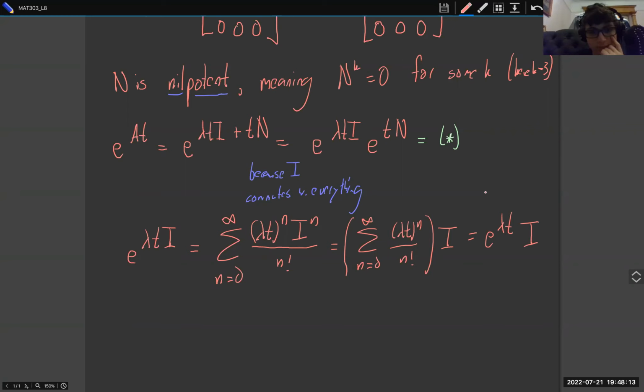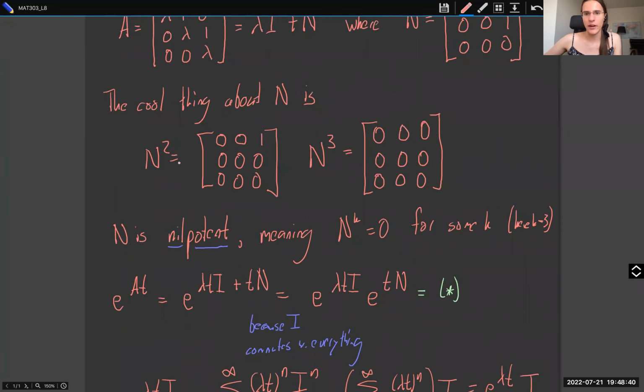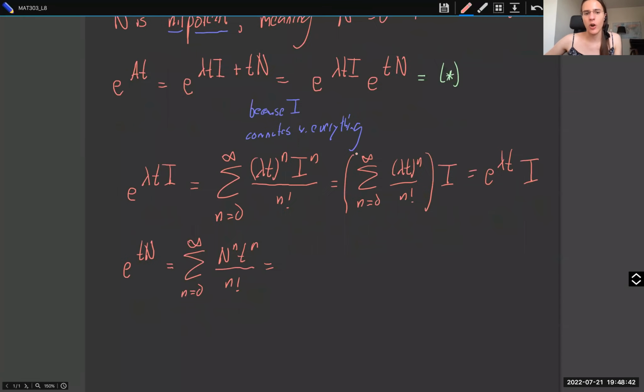Good. And on the other hand, e to the t N is equal to this infinite sum as well: the sum of N to the n, little n, t to the n over n factorial. But that's equal to just the terms up to N squared, because N cubed onwards is 0.